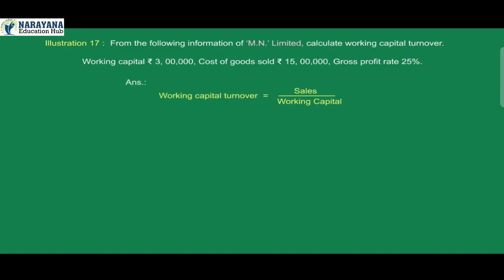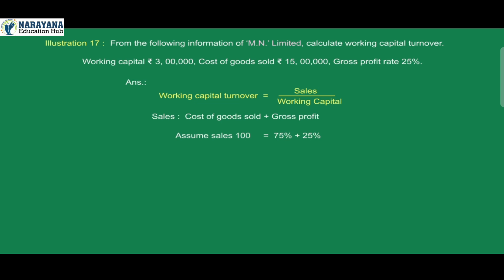Illustration 17. From the following information of ML Limited, calculate working capital turnover. Working capital rupees 3 lakh. Cost of goods sold rupees 15 lakh. Gross profit rate 25%. Answer: working capital turnover is equal to sales divided by working capital. Sales is cost of goods sold plus gross profit.